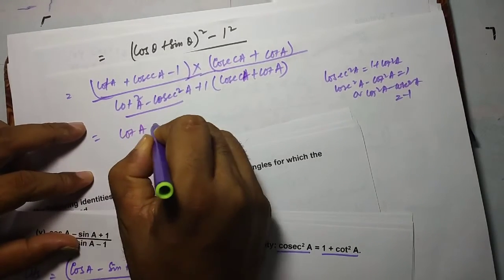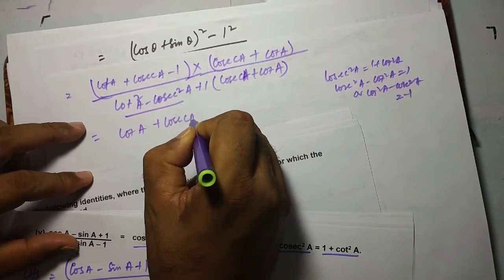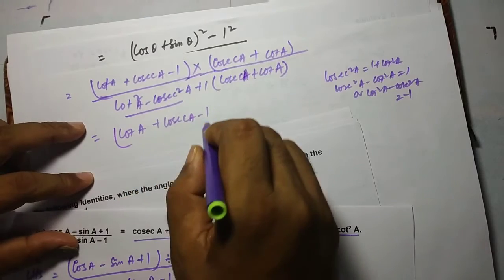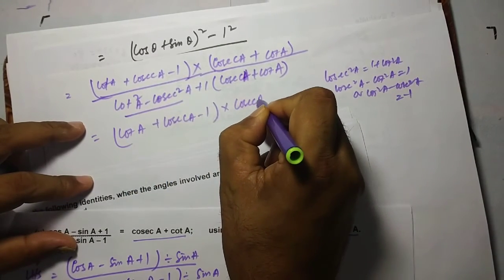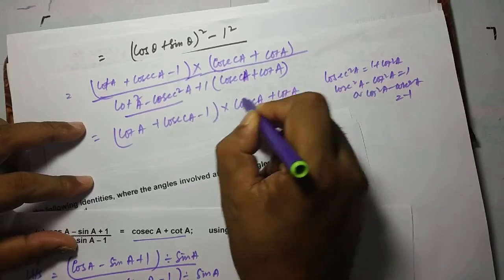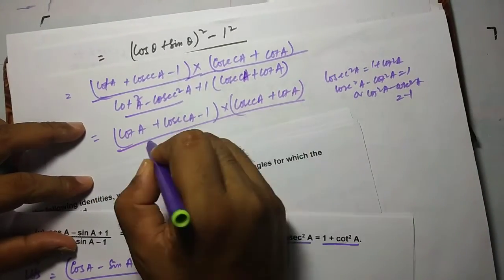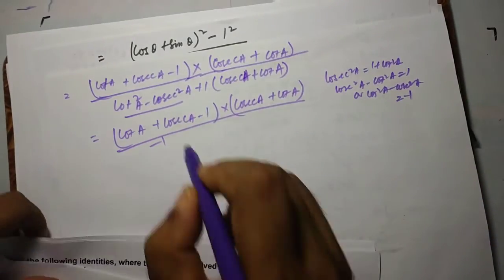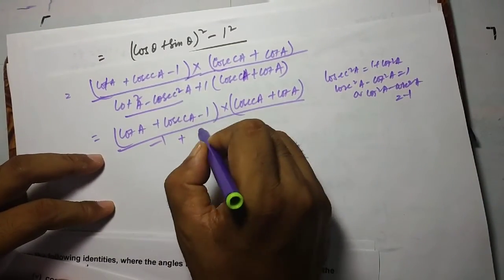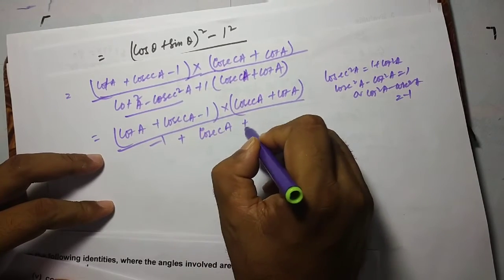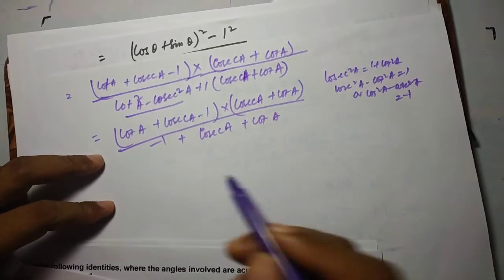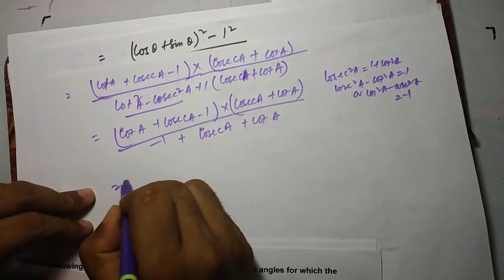So cot A plus cosec A minus 1 into cosec A plus cot A, then this is minus 1 and this is multiplied the same, so this is cosec A plus cot A. So rearrange this one.